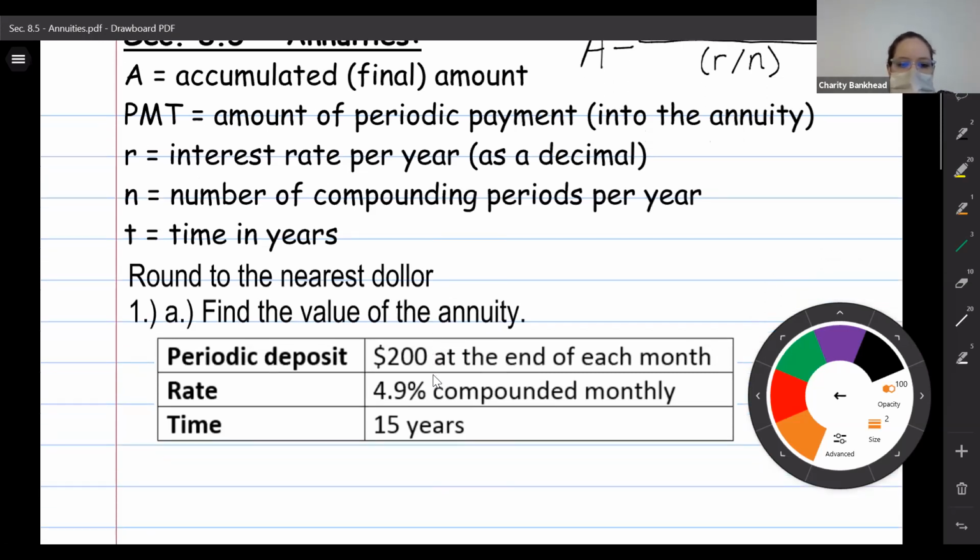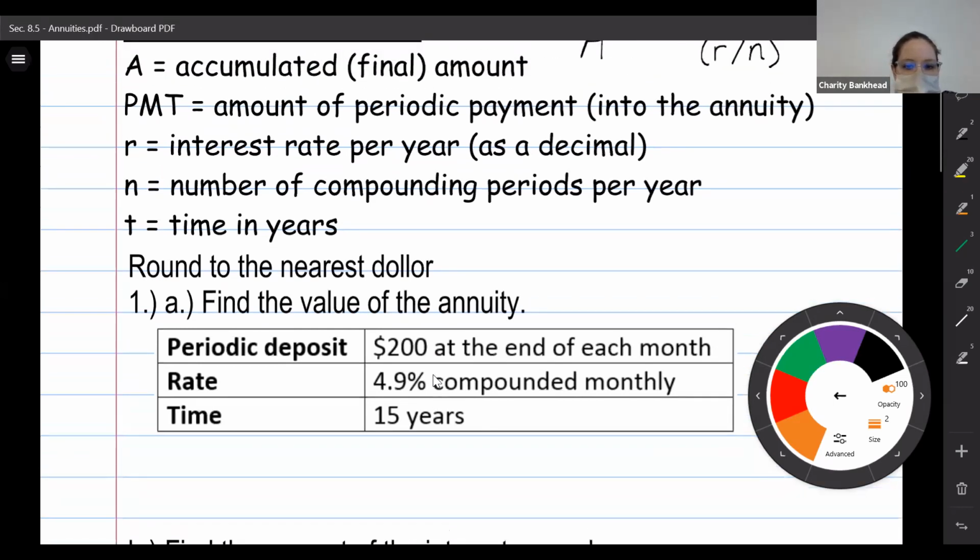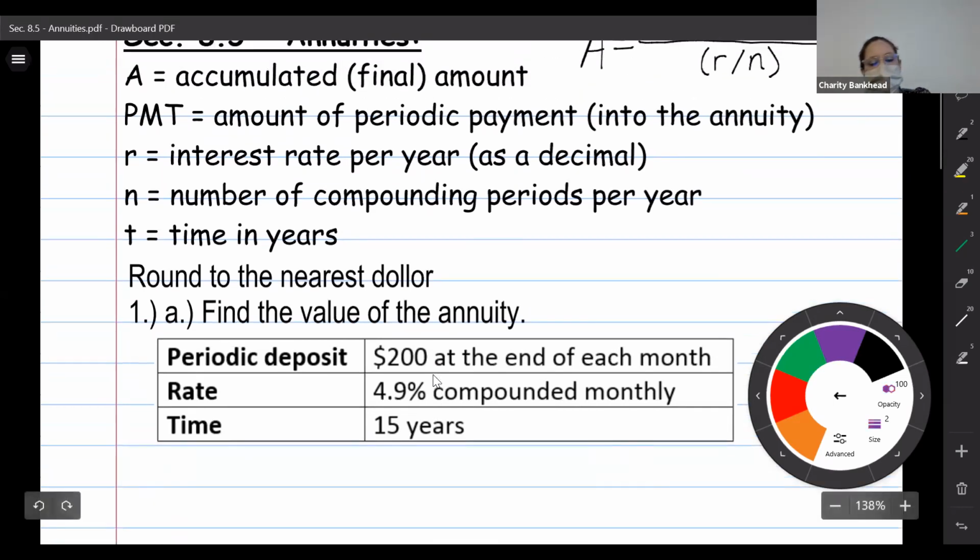All right, so number one says, find the value of the annuity. So you have a periodic deposit of $200 at the end of each month. Rate is 4.9% compounded monthly, and the time is 15 years. Okay, so 200, that's your payment or your PMT.